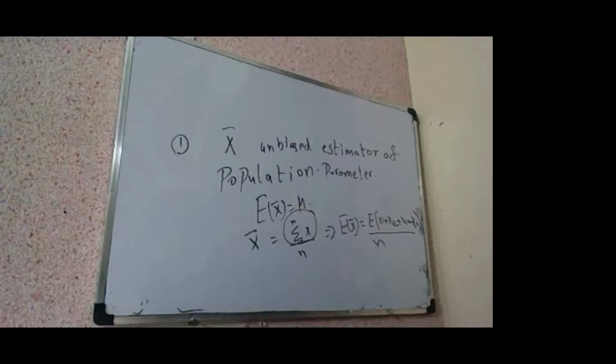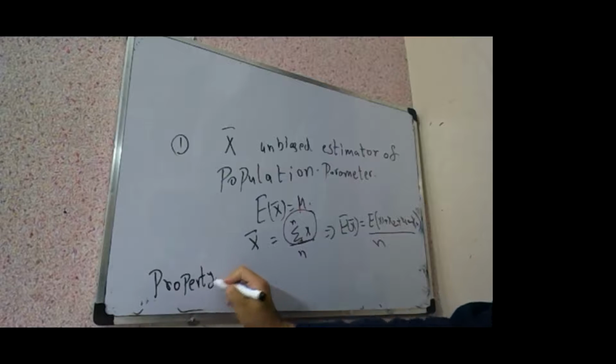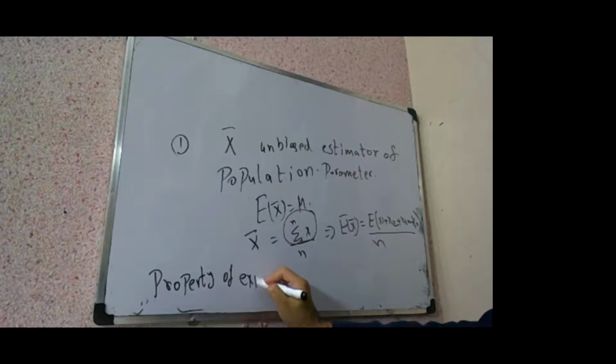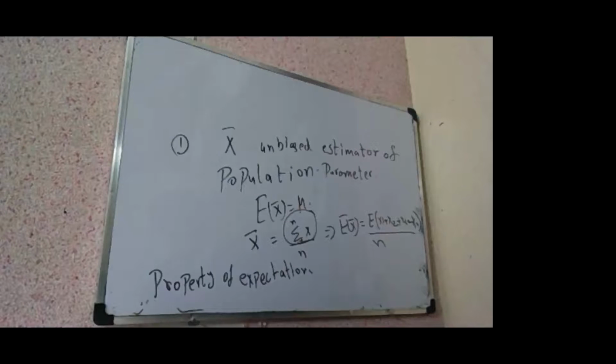We have so many x, a number of observations. Now, every observation has some disturbance. And as we know, the property of expectation. What is the property of expectation? You can tell me. That we take the constant outside.